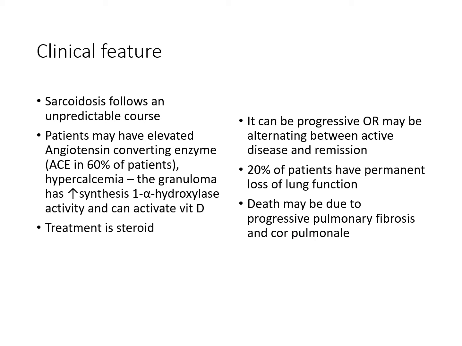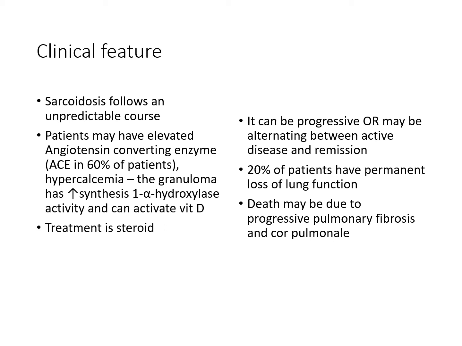Patients may have elevated angiotensin-converting enzyme, or ACE, which is increased in 60% of patients. They may present with hypercalcemia because the granuloma has increased synthesis of 1-alpha hydroxylase activity, and this can activate vitamin D. The treatment of sarcoidosis is steroid.